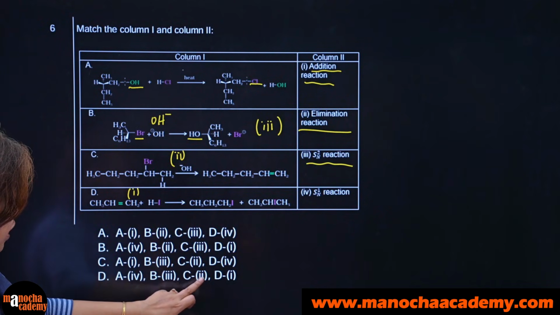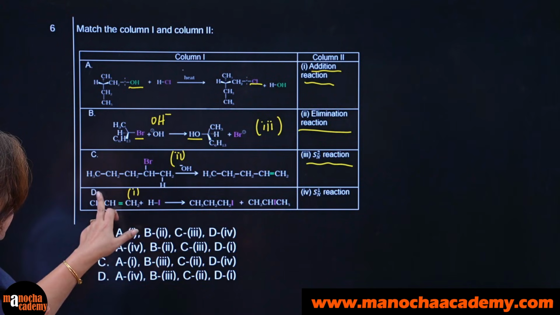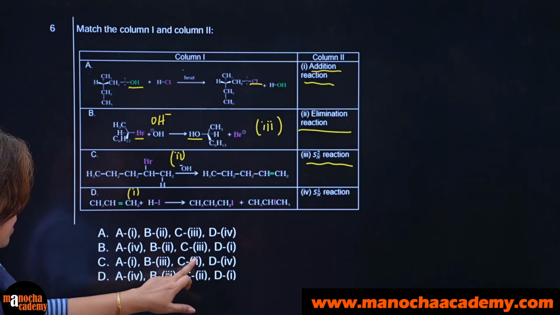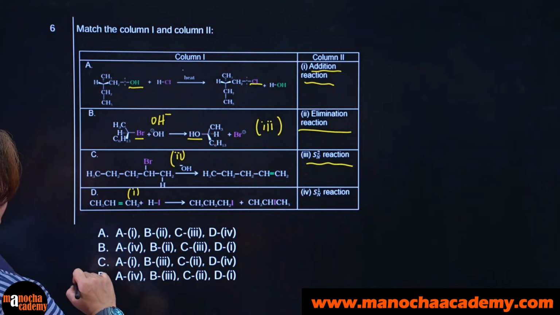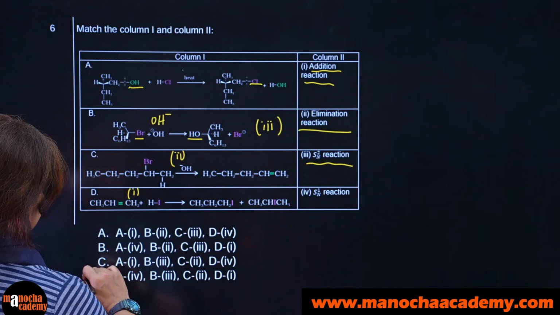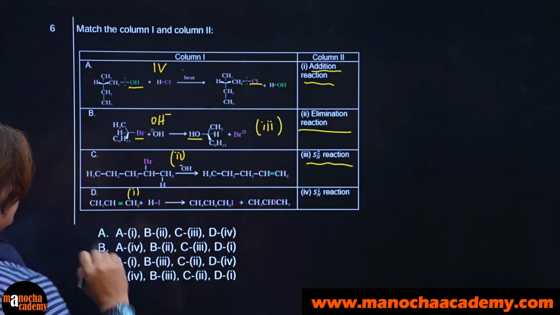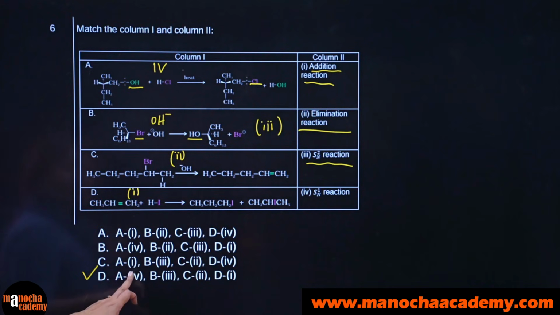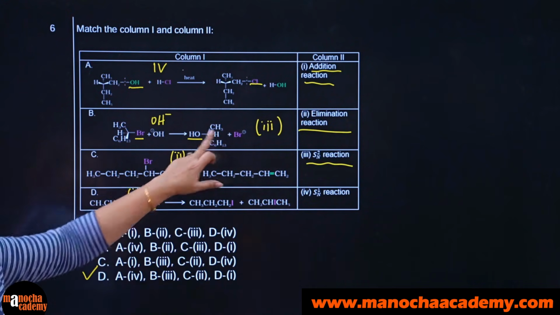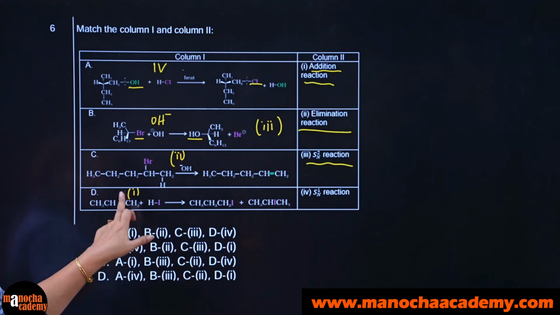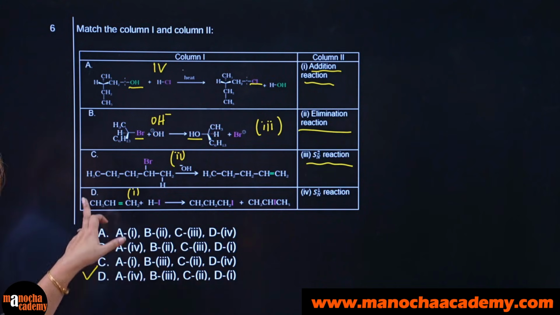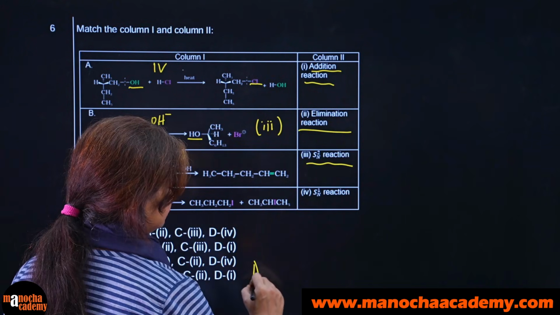That also we have for D option. Then D is 1 for this option. So this is the correct answer. Oh, this one I missed out. A is SN1, so this is 4. Now we match it: A is 4, B is 3, C is 2, D is 1. So option D is the correct answer.